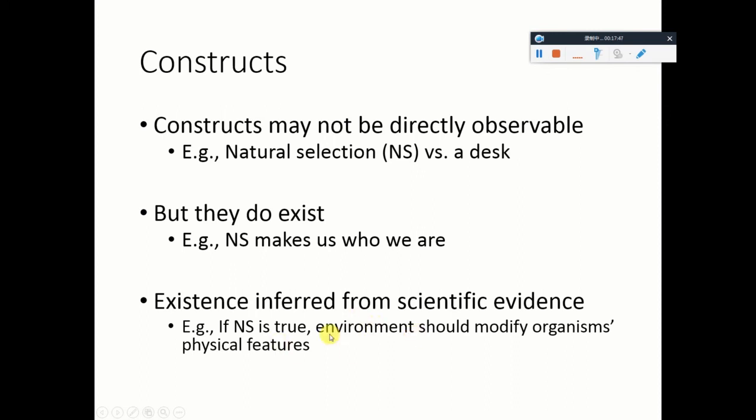So, again, how do scientists know that natural selection is true? Well, they have many techniques that we'll not describe here to make solid inferences about the true status of natural selection.